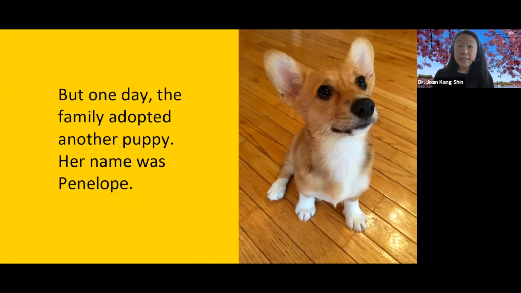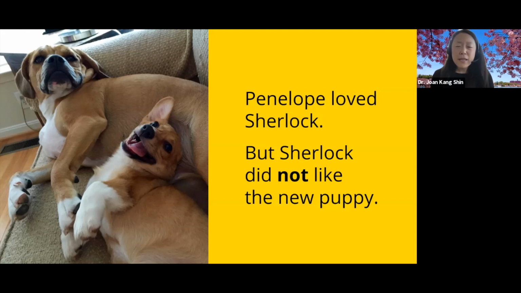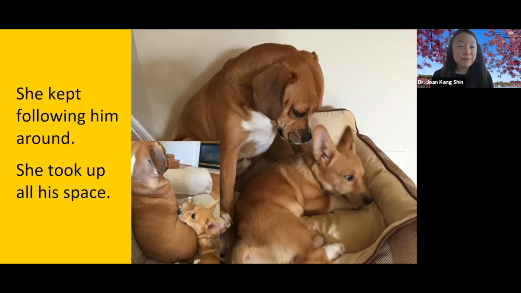But one day, the family adopted another puppy. Her name was Penelope. Sherlock was not very excited about this new puppy. Penelope loved Sherlock, but Sherlock did not like the new puppy. She kept following him around. She took up all his space.